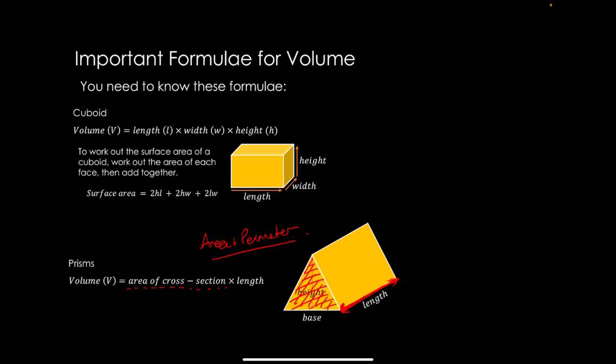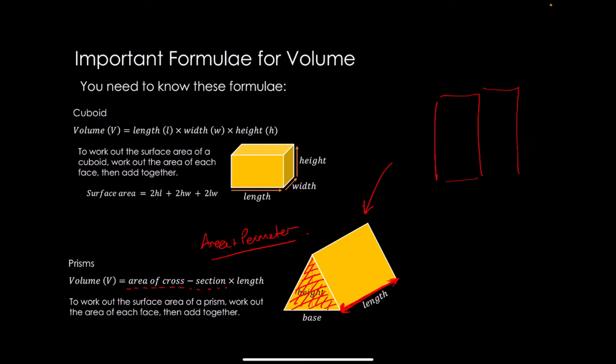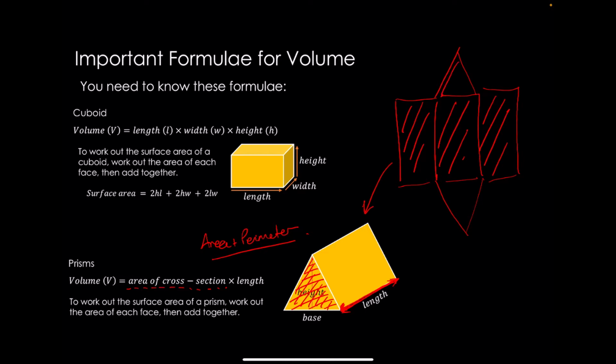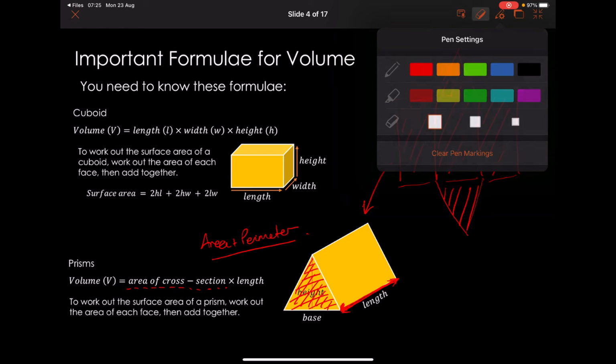Now, again, to work out the surface area of a prism, you work out the area of each face and then add it together. This shape would have a base like this, 2 sides like this, and then 2 triangle faces like this. You've got to work out the area of each of these and add them all together, and that will give you the surface area.